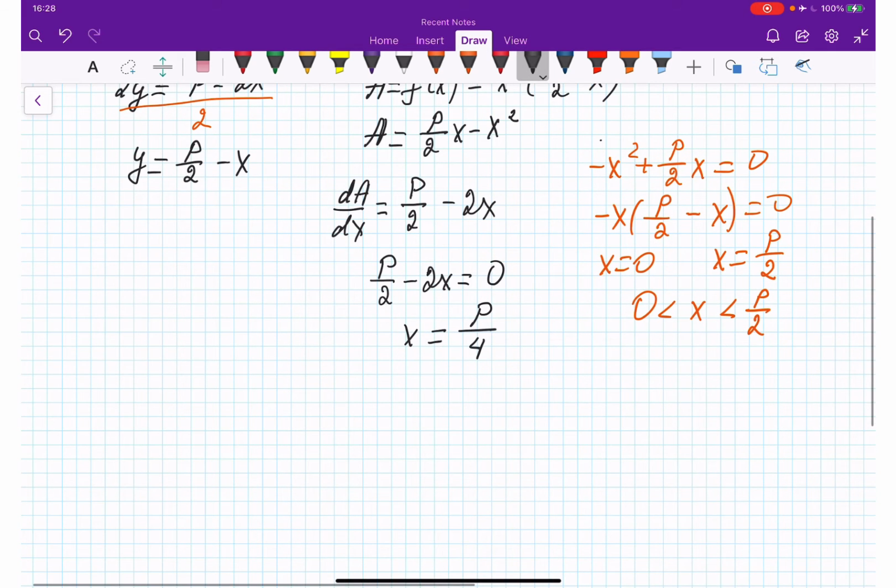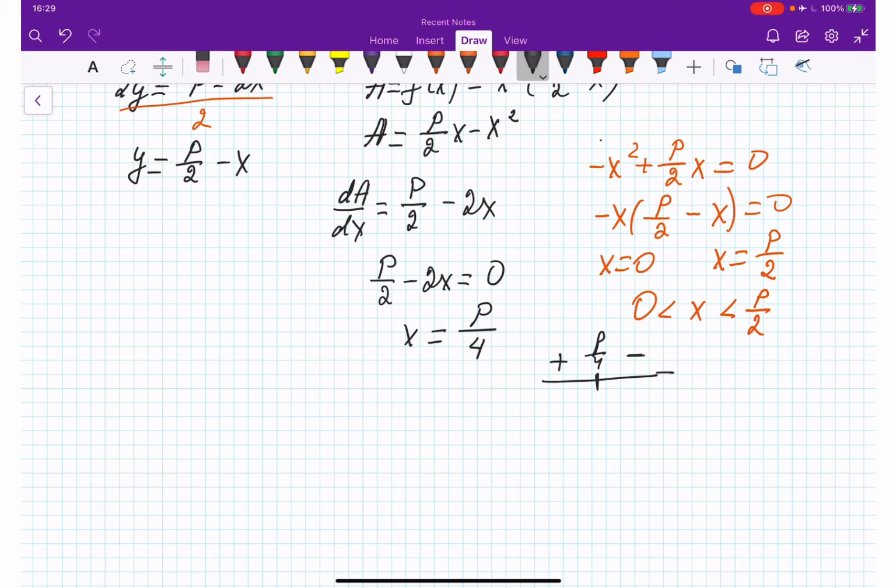You can take some value less than P over 4 and greater than P over 4. If this is our P over 4, and you take a smaller value, it's going to be positive when you test it, and if you take a greater value than P over 4, you should get a negative.